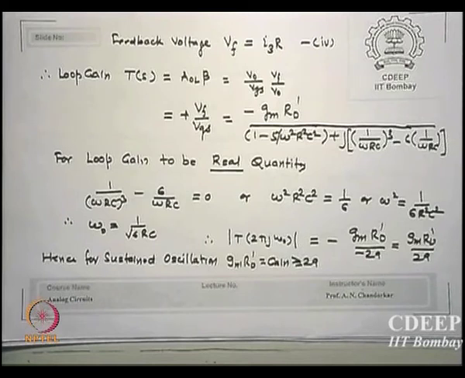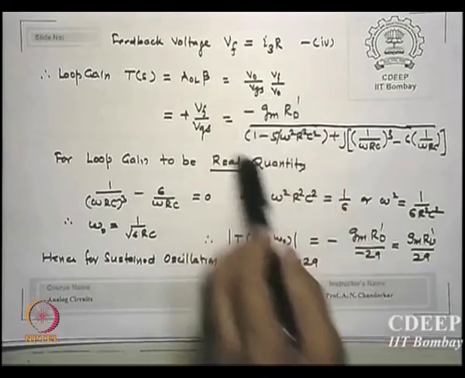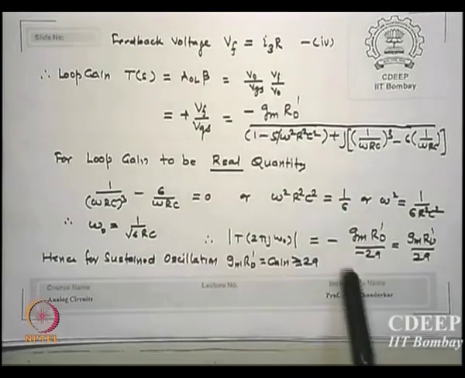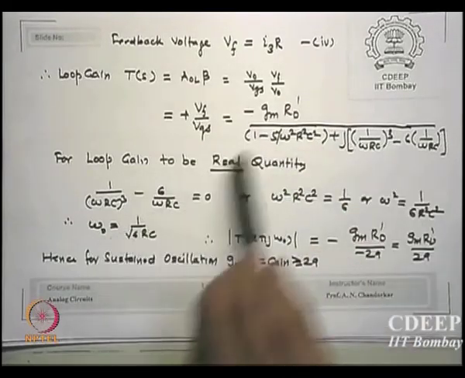So can I now fix my frequency? By proper choice of Rc, I have my oscillating frequency, which is 1 upon root 6 Rc. Now if I take the magnitude, which has to be 1, I use the magnitude part, Gm Rd dash, and substitute this omega 0 back in.